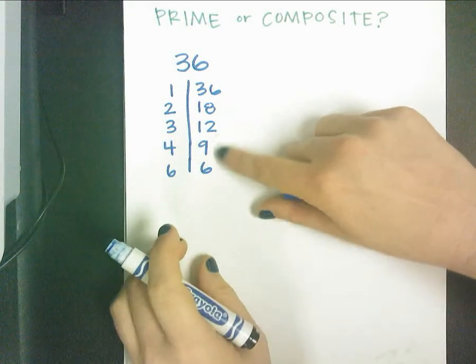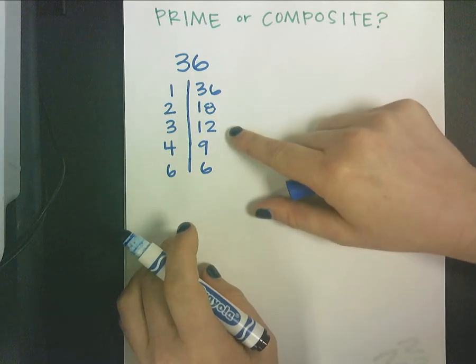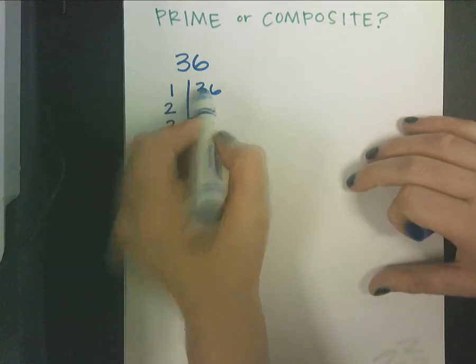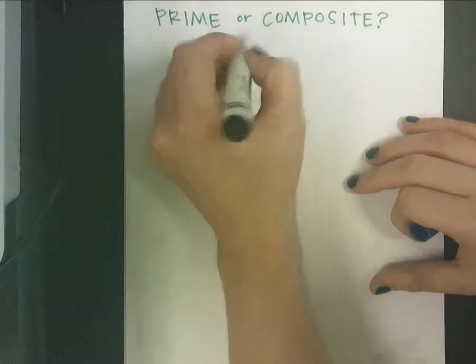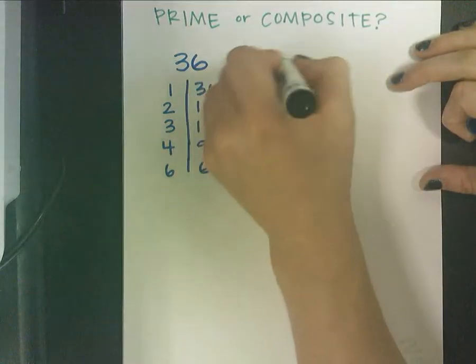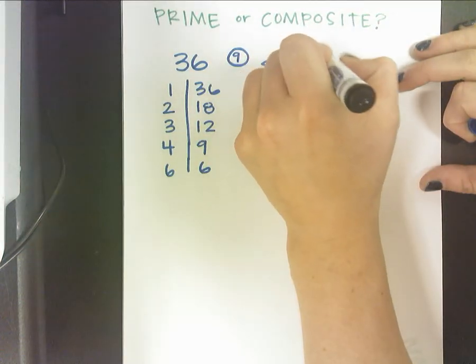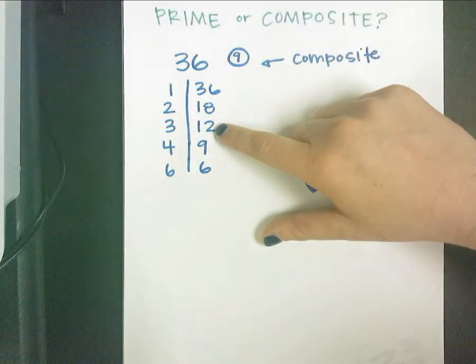There's a lot of different ways to make 36. It has a bunch of different factors. So because it has more than 2 factors, it in fact has 1, 2, 3, 4, 5, 6, 7, 8, 9, because that's the same one. It has 9 factors. So it has more than 2 factors, so that makes the number 36 composite. I figured that out just because I knew my multiplication tables.